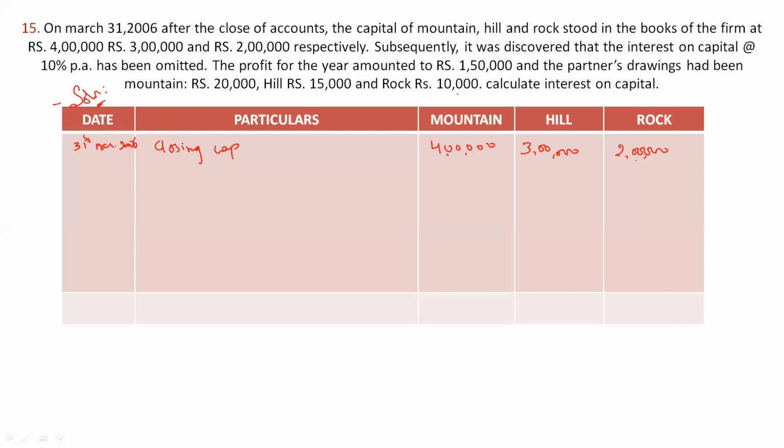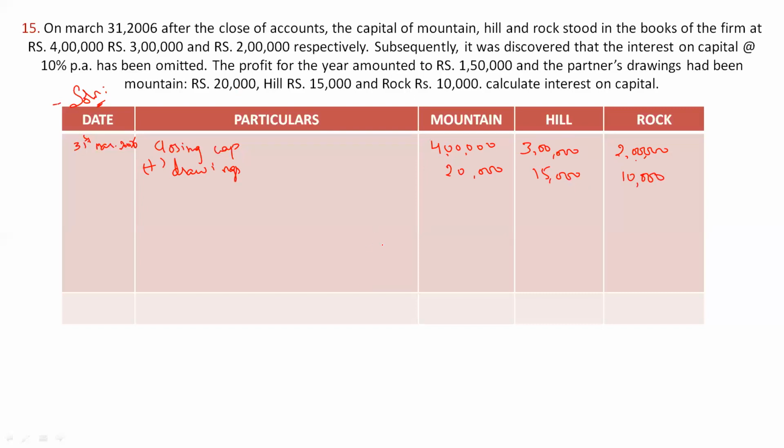Then the profits for the year amounted to rupees 1,50,000 and partners' drawings had been Mountain 20,000, Hill 15,000 and Rock 10,000. As I told you, when we prepare the balance sheet we would deduct the drawings, but here we have to add it. So the drawings amount is clearly given: 20,000 for Mountain, 15,000 for Hill and 10,000 for Rock.